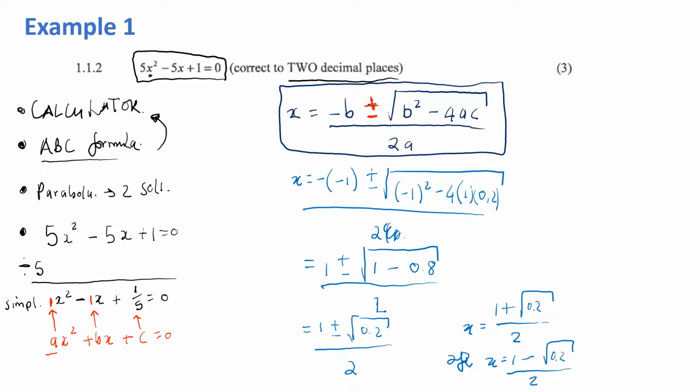You can go and double check that. And as I said, you'll probably need the calculator to calculate the square root, right? And make sure to give this answer to 2 decimal places, because that's exactly what they're asking. And that's again worth 3 marks.